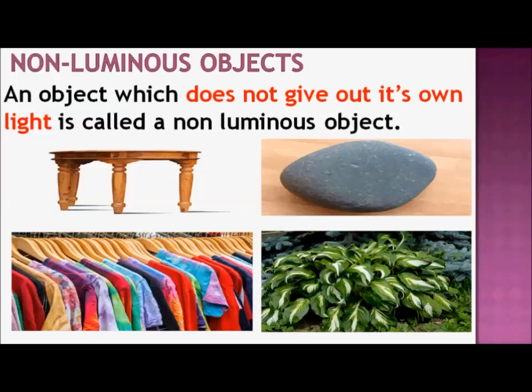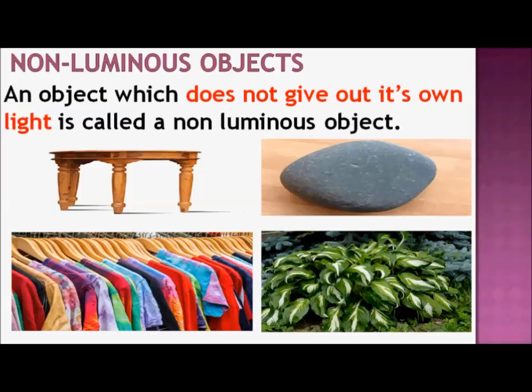When sunlight falls on the surface of the moon, some of this sunlight is reflected by the moon towards earth. It appears as if the light is being given out by the moon. But in reality, moonlight is the sunlight which is reflected from the surface of the moon.